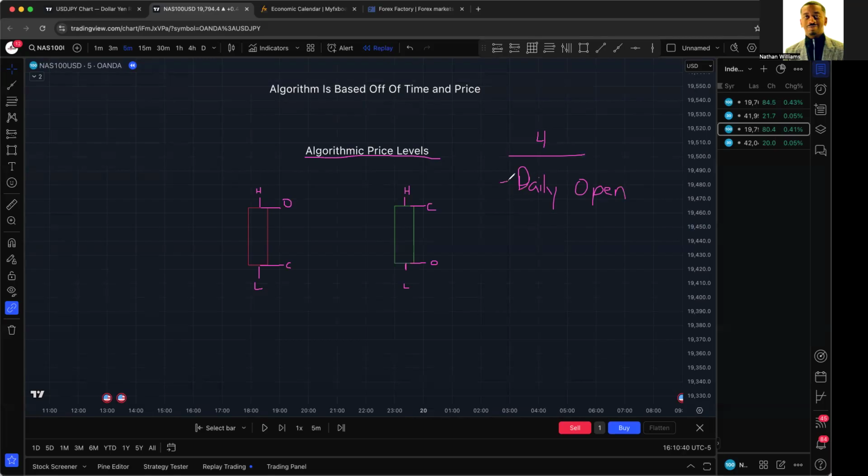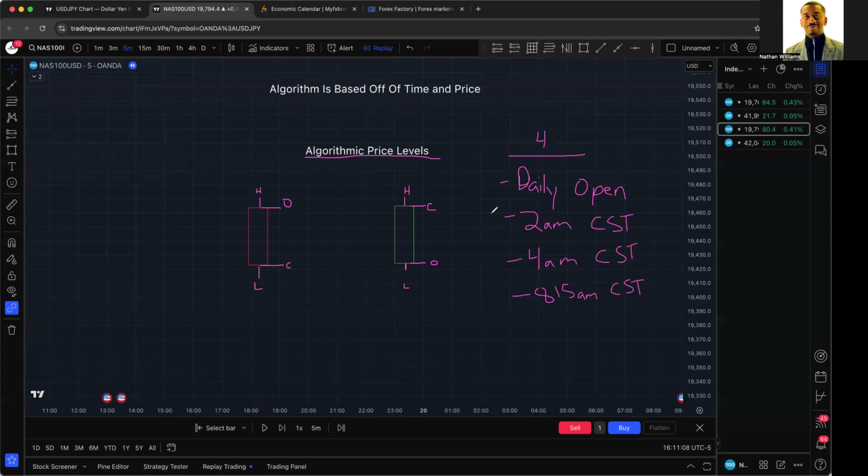So your daily open, 2 a.m. Central Standard Time, 4 a.m. Central Standard Time, and the fourth is 8:15 a.m. Central Standard Time. Does that sound familiar?